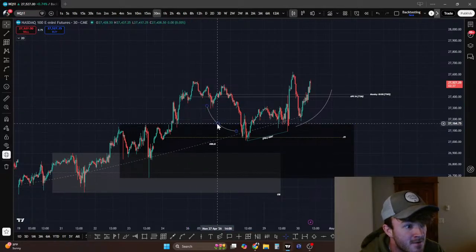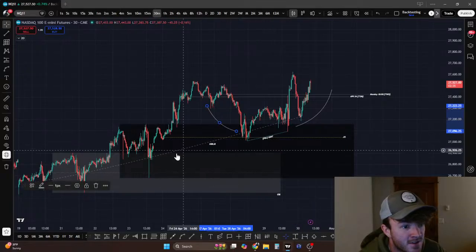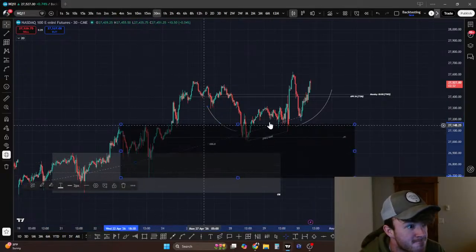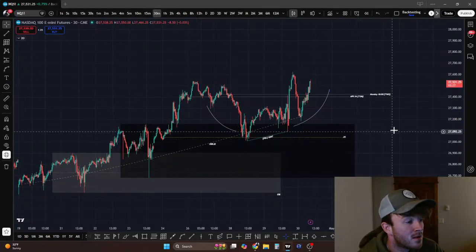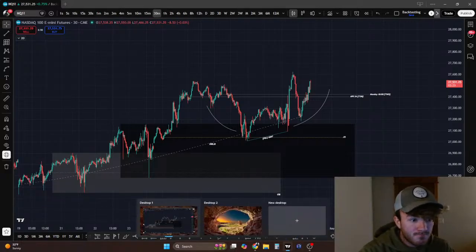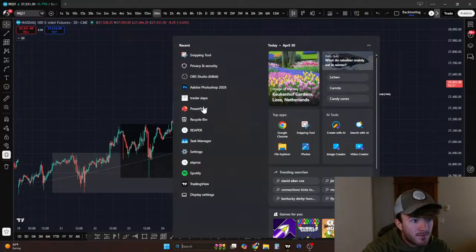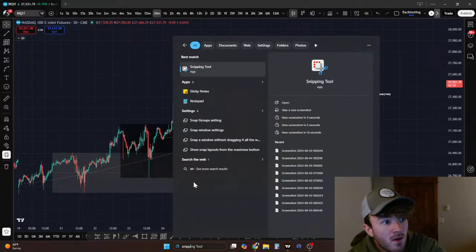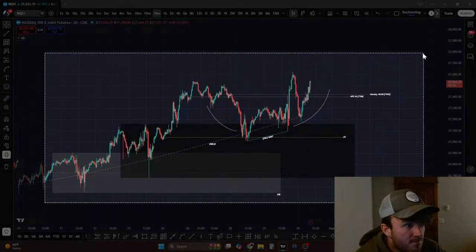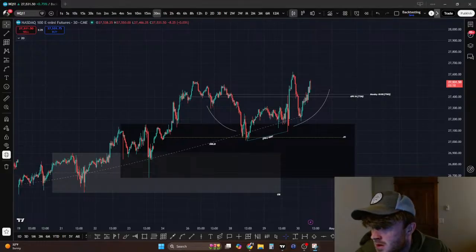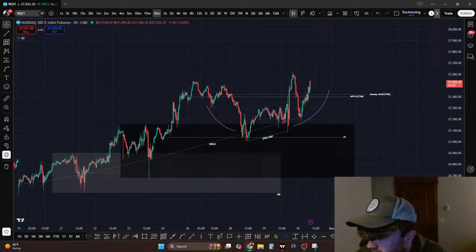That looks better, because the dotted line is for high resistance liquidity. So, boom. Still playing out.